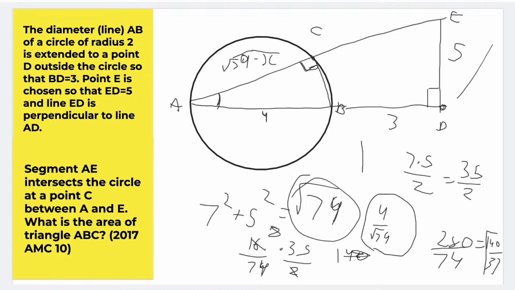So you see how we applied the fact that if two triangles are similar, then you take the ratio of one of the side lengths and square it, and that is the ratio of the areas. So that's what we use to find the area of this triangle.